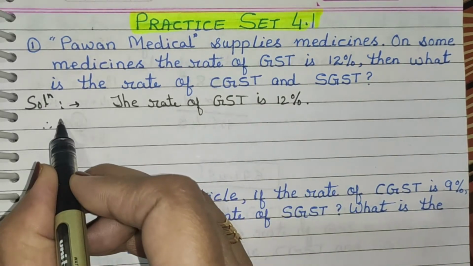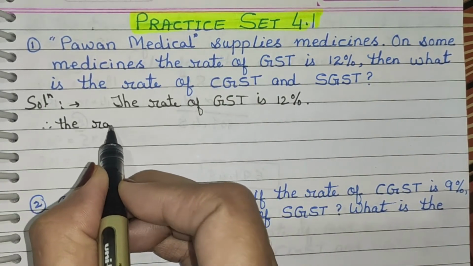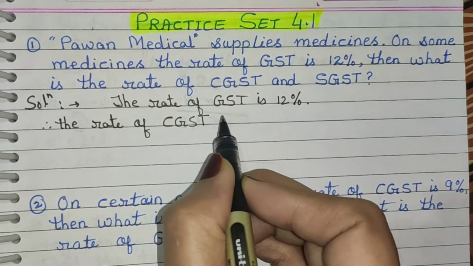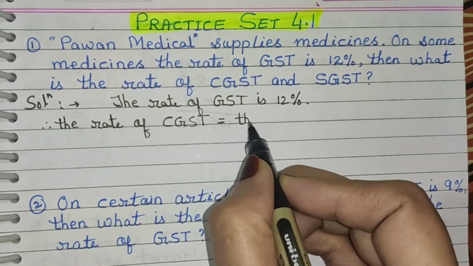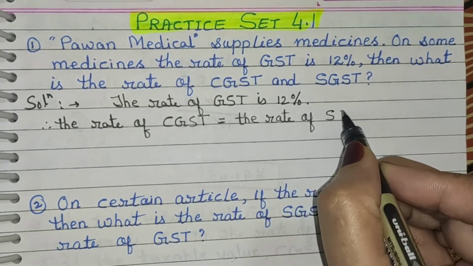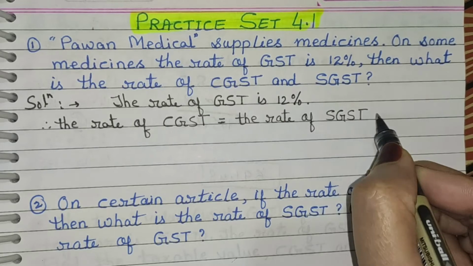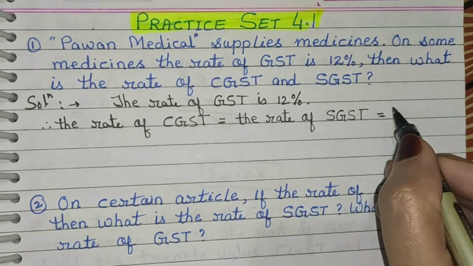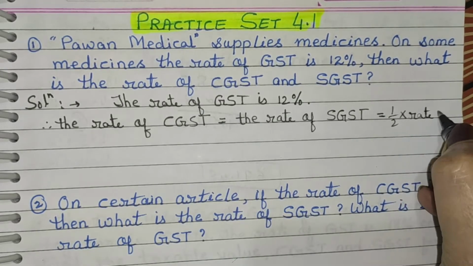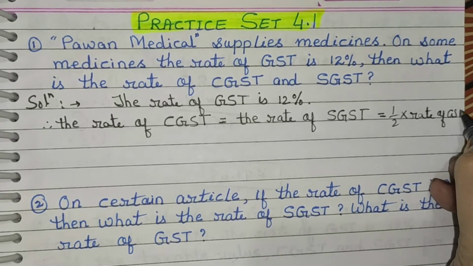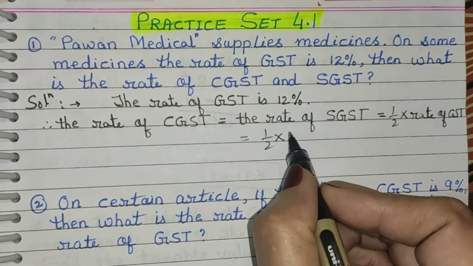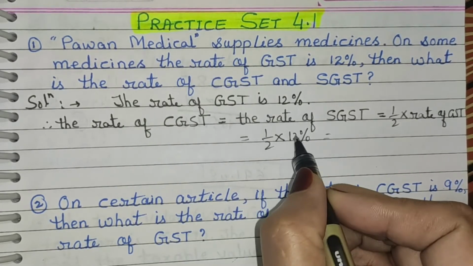We know that the rate of CGST is equal to the rate of SGST. It is equal to half of the rate of GST. Therefore, half into the rate of GST, which is 12%. Now 2 ones are 2, 2 sixes are 12.